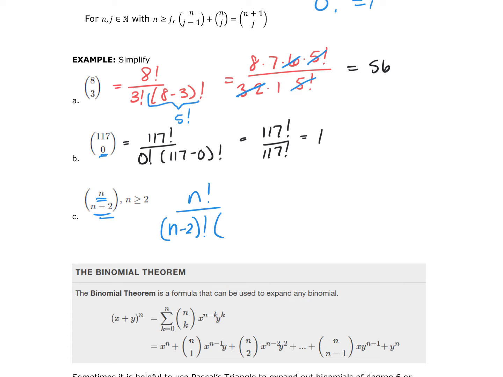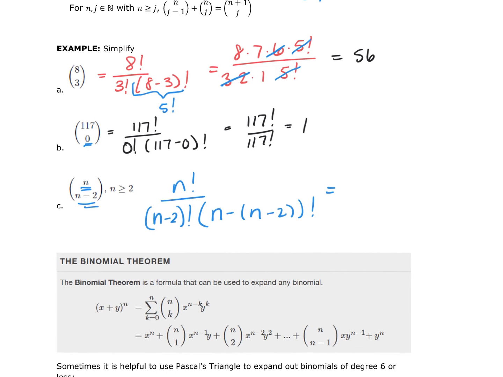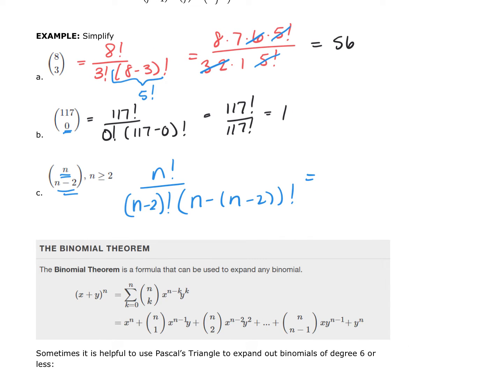And then also in the denominator, we're going to get the number in the top part of the parentheses, so n minus 2 factorial. And before I clean this up, or before I start expanding out, I know that n minus, or n minus n plus 2, just ends up becoming 2 factorial. So my numerator, n factorial, n minus 2 factorial, and then 2 factorial.